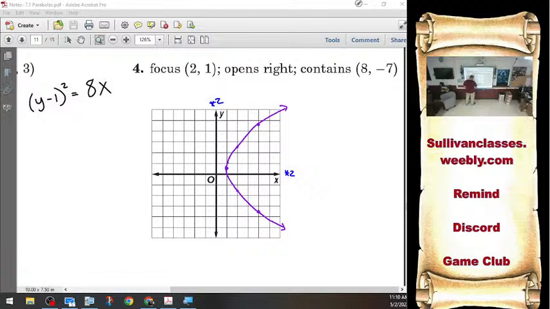Oh, wait. How's the focus? Not a vertex. Careful. There we go.